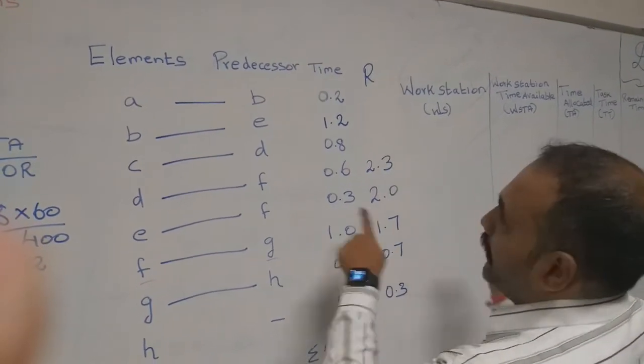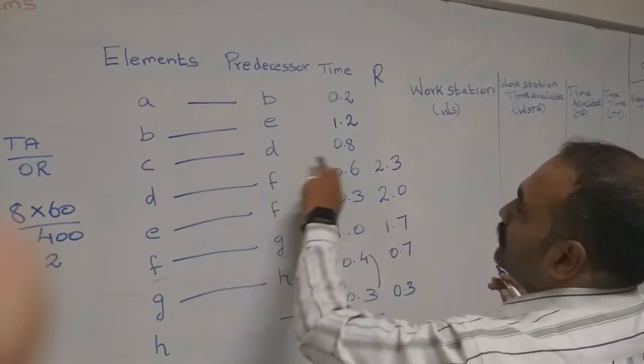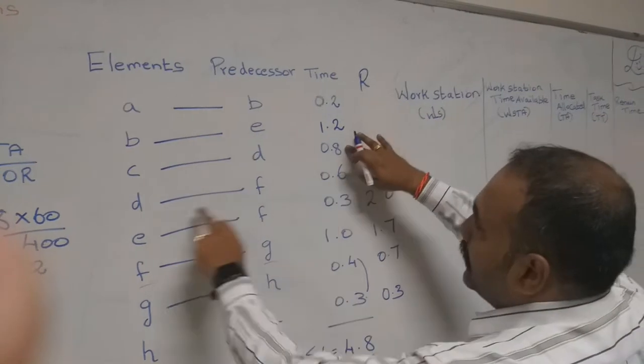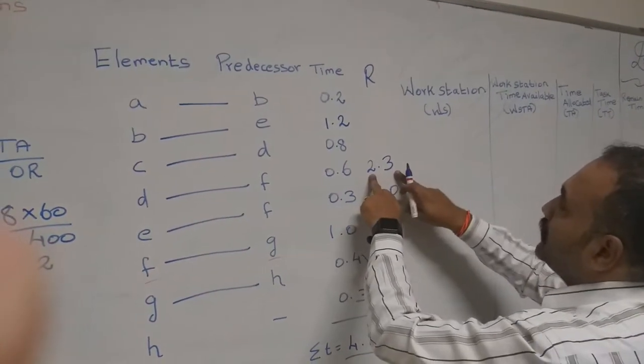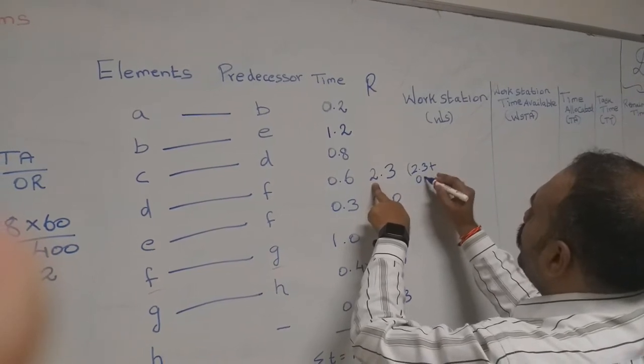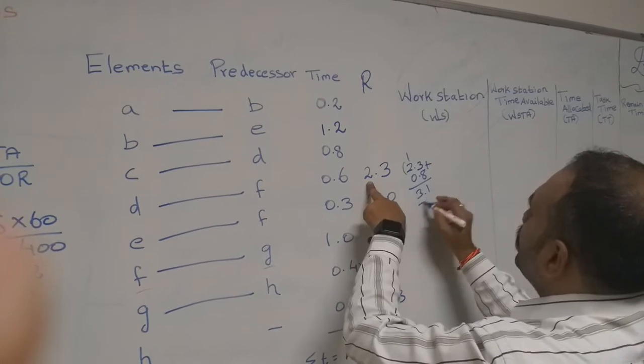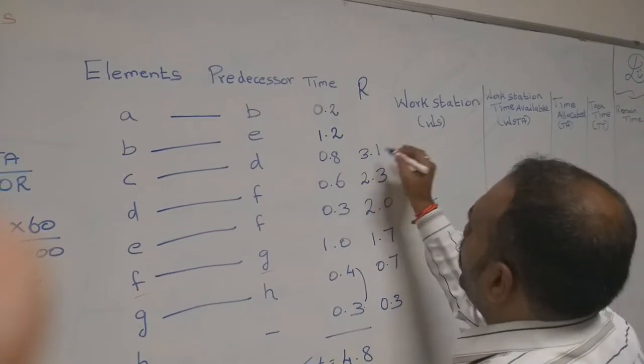Then C goes to D. What will be the C value? The C value is 0.8, and the D value we have received is 2.3. So 2.3 plus 0.8 is 3.1.